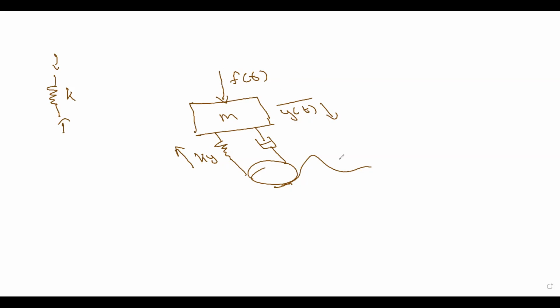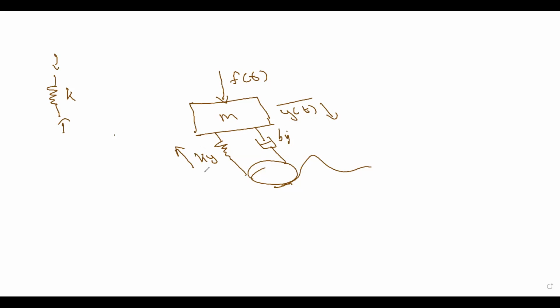But if you try to increase the velocity and push it hard, then of course it's going to resist that. So it's going to resist velocity y dot by a factor of its damping coefficient, right? So this is the system.